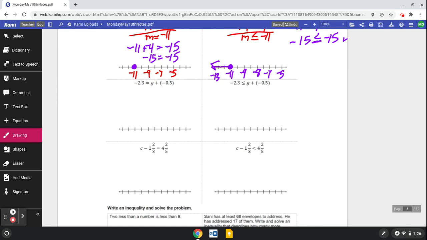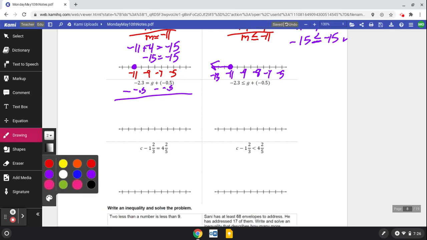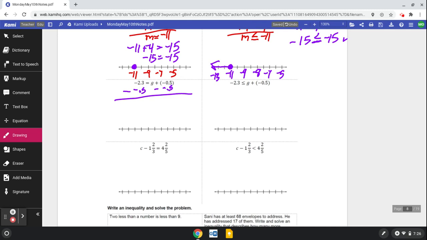So remember, when you're adding a negative, I could say I'm subtracting a negative half on both sides, but then you need to come in and add your opposites. If I'm really adding an opposite, I'm really adding a positive. So those really give me a different sign.